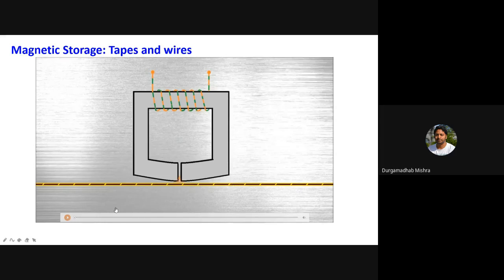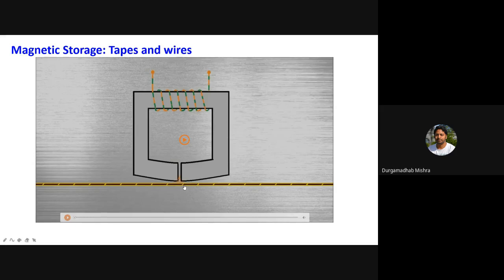You have the tape moving underneath, and you have the recording head here. This magnetic tape is moving underneath your recording or reading head.